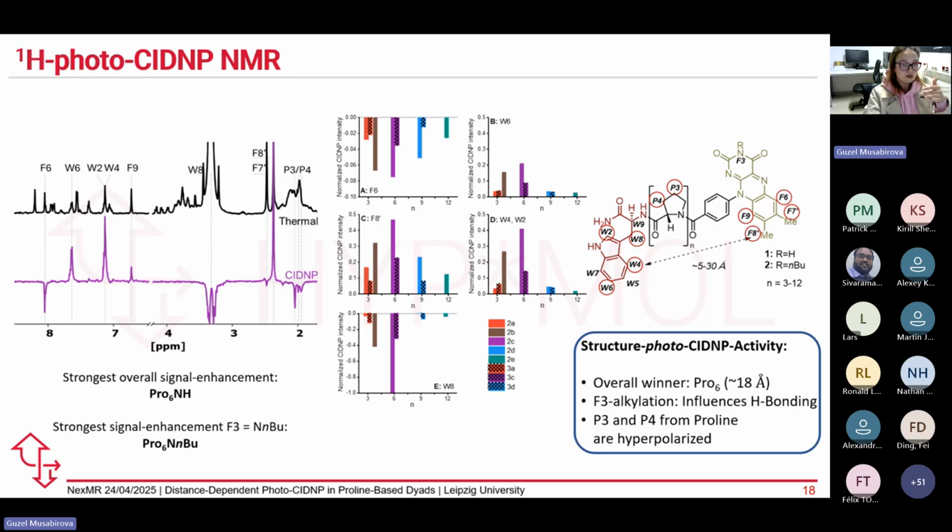This was something we didn't expect to see, and this raises the question of whether the proline actively participates in charge transfer or interacts with the radical pair, or in a way influences the spin dynamics. An alternative explanation could be that a nuclear Overhauser effect is involved here, and due to the spatial proximity of these protons, for example, to tryptophan or flavin, they might be polarized.